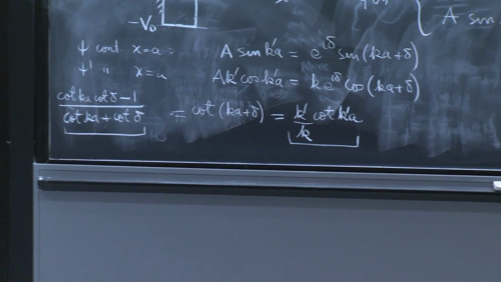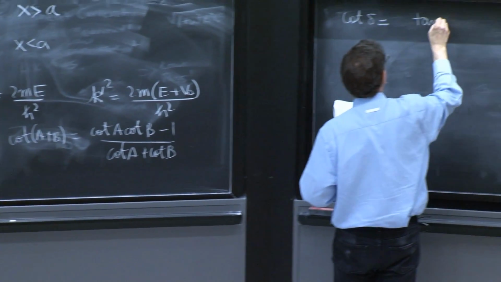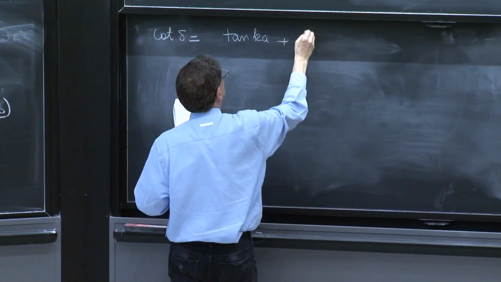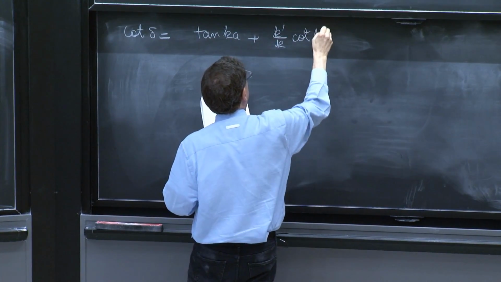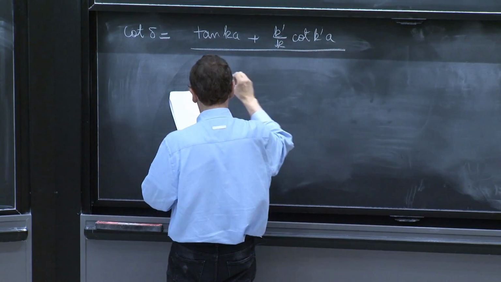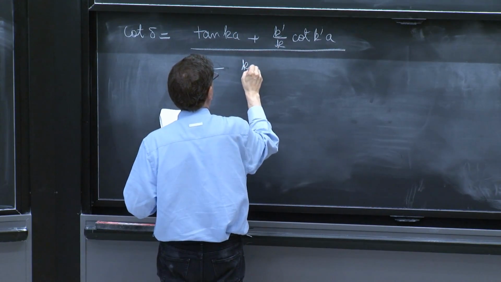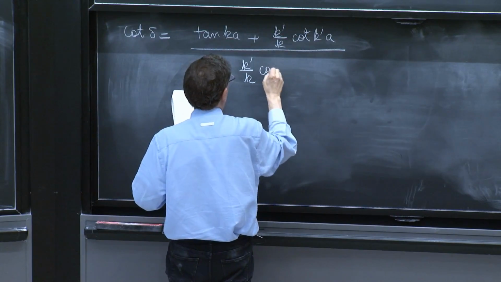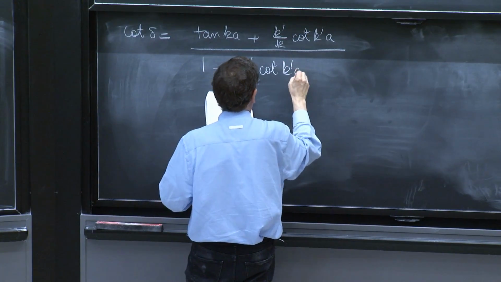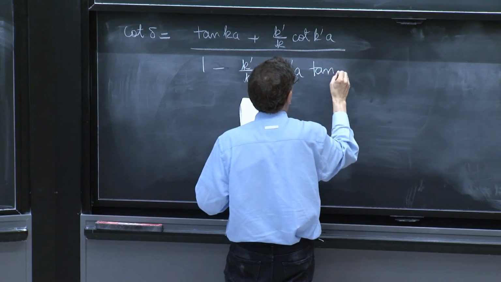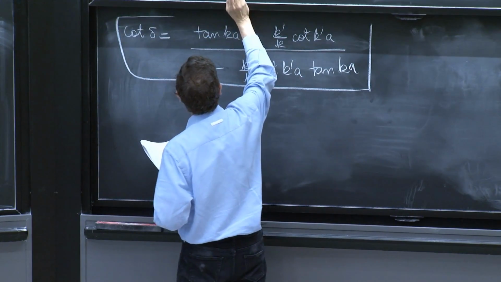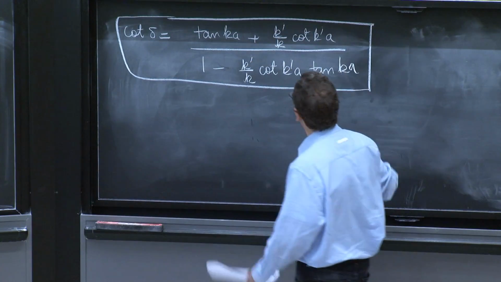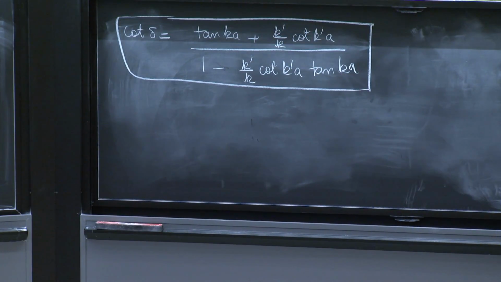Cot delta is equal to (tan ka plus (k prime over k) cot k prime a) over (1 minus (k prime over k) cot k prime a tan ka). Now, who would box such a complicated equation? Well, it can't be simplified anymore. I'm sorry, that's the best we can do.